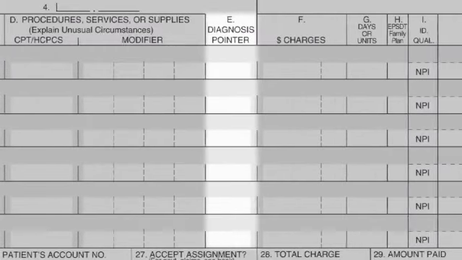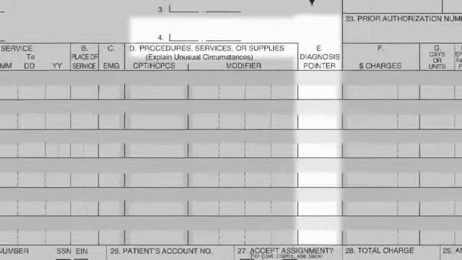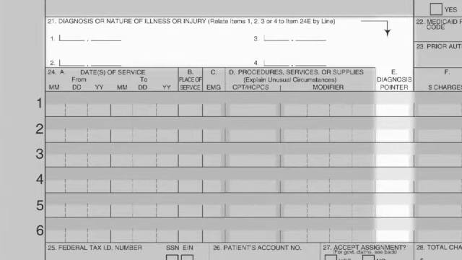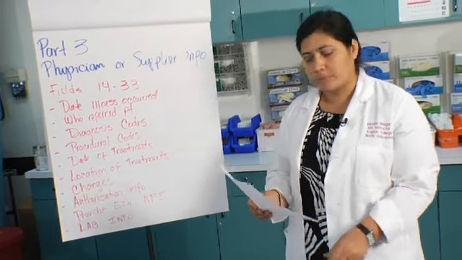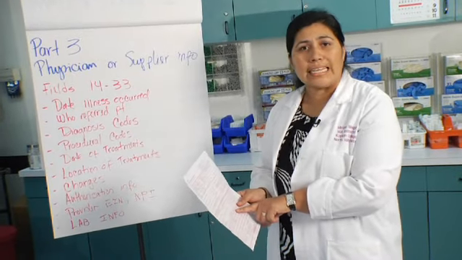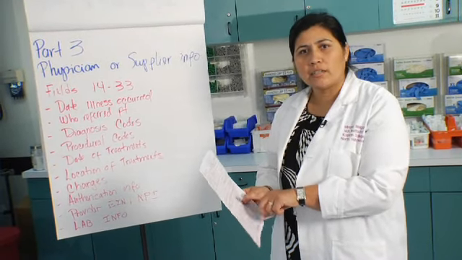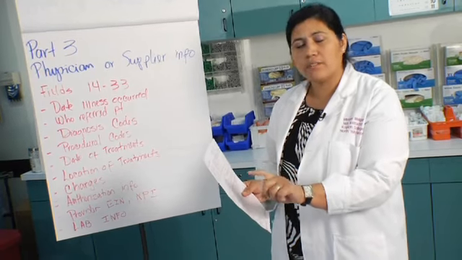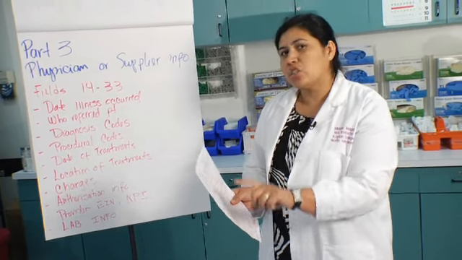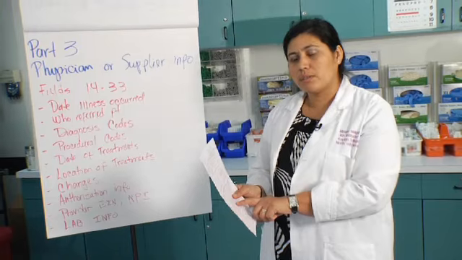Then we have letter E. Letter E is the diagnosis pointer. Remember back in field 21, we did the diagnosis code? So the diagnosis code has to correlate with the CPT code. In other words, it has to justify the procedure. So in box E, we need to indicate which of the diagnosis codes justifies the procedure that was done.